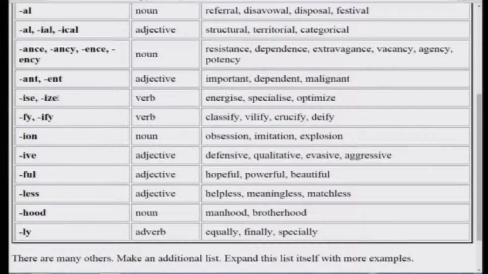ISE or IZE, both are same actually: ISE, IZE. This typically gives rise to verbs.